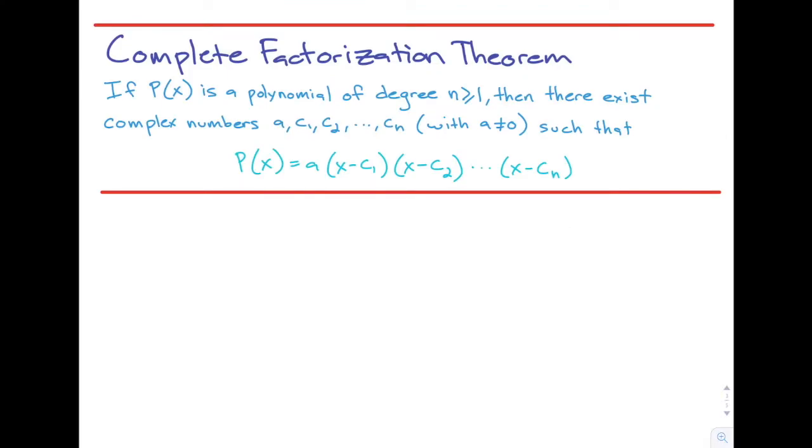If p of x is a polynomial of degree n greater than or equal to 1, then there exist complex numbers a, c1, c2, all the way up to cn, with a not equal to 0, such that p of x equals a times x minus c1 times x minus c2, all the way up to x minus cn. So this gives us the ability to use complex numbers to completely factor any given polynomial. To put this to use, let's look at an example.